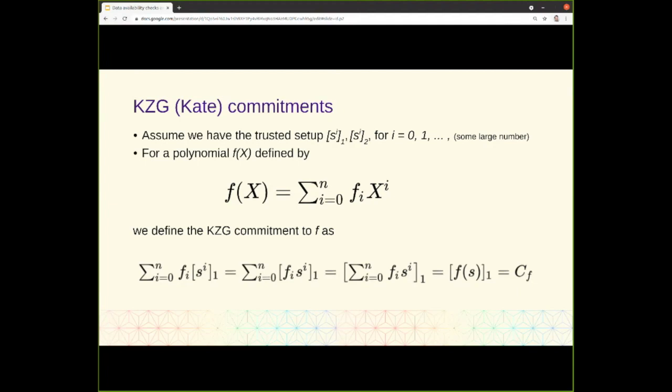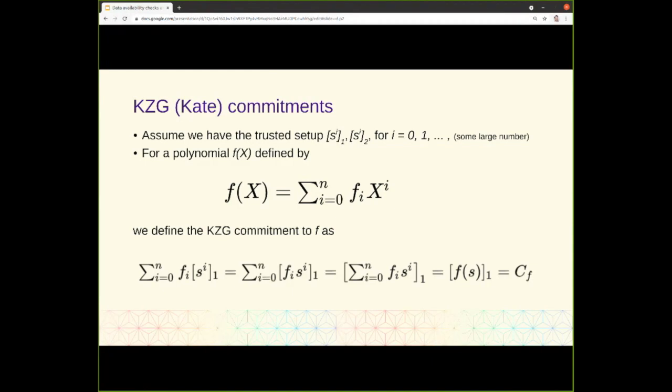So we assume that we have a so-called trusted setup. What does that mean? This s is a secret value, and nobody in the world should know this. We need some sort of MPC in order to create this, but let's assume that we have it.